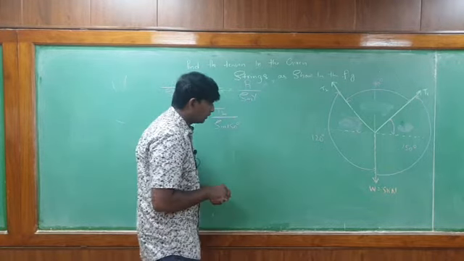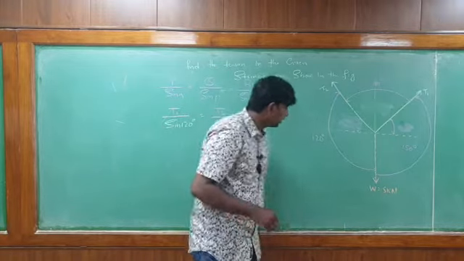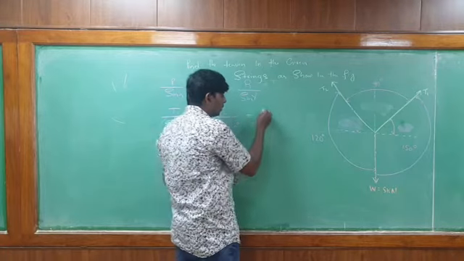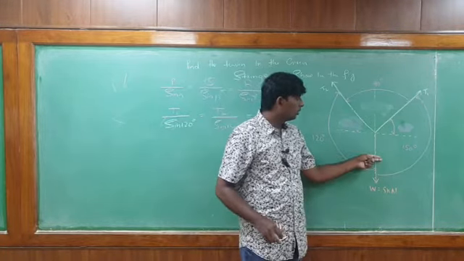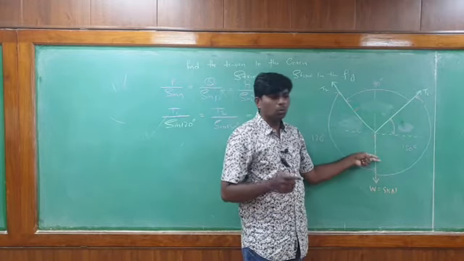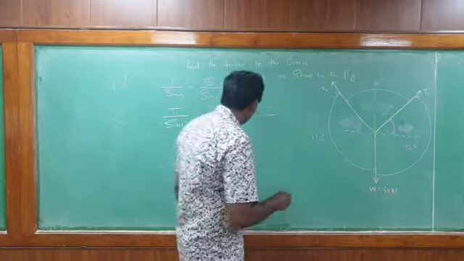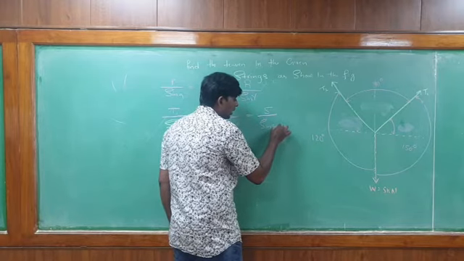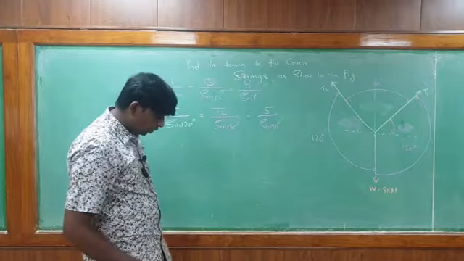Next, W value is equal to 5. If I select this one, the two remaining forces are T1 and T2. What is the angle between these two? 90 degrees, so sin 90.